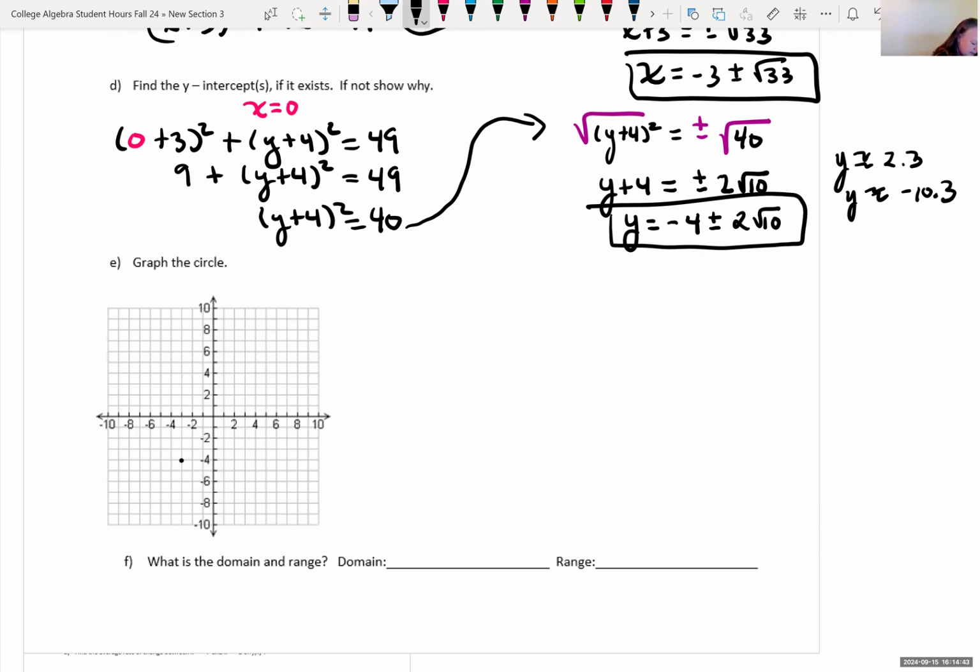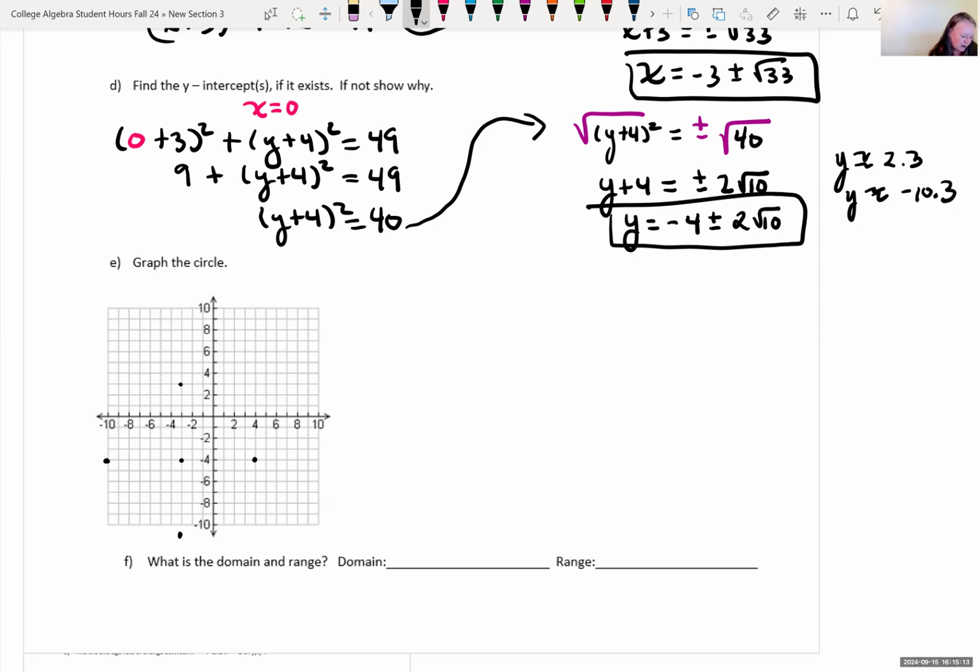If I go down 7 from -4, it's not on here, but it's -11. If I go up 7 from -4, that would give me a y value of 3. If I went to the right 7 from -3, that would give me an x value of 4. And if I went to the left 7, subtracting 7 from -3, that would give me -10.